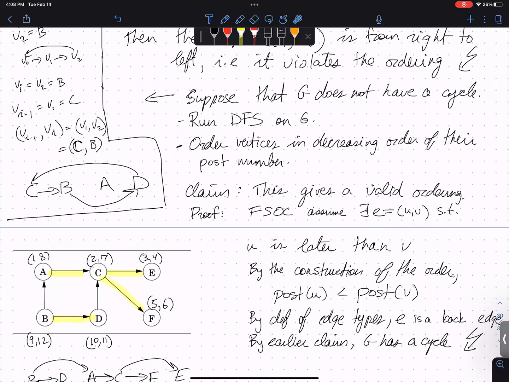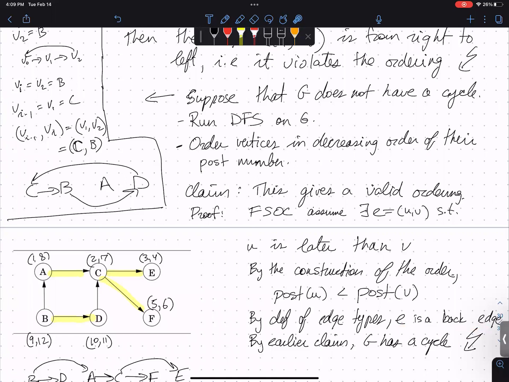Turns out that that edge has to be a back edge. Why? Well, the way we constructed the ordering, if U is later than V, then its post number is smaller. Now that tells us the category of the edge. We look at the definition of the categories of the edge types. That tells us that E is a back edge. We just proved 10 minutes ago that a graph has a cycle if and only if it has a back edge.